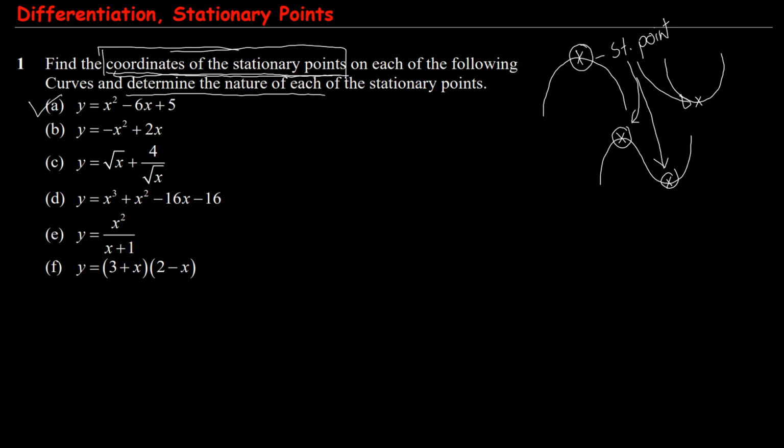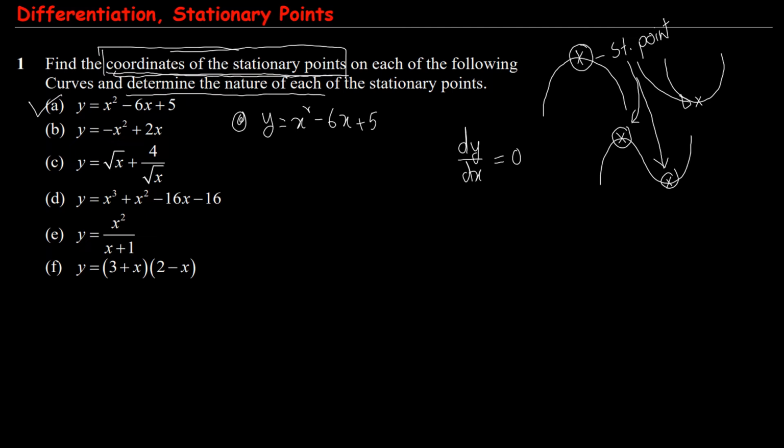I have written here part A, where the curve equation is y equals x squared minus 6x plus 5. To get the coordinates of the stationary point, we always need to find dy by dx first, then set dy by dx equal to 0 to get the x value of the stationary point.